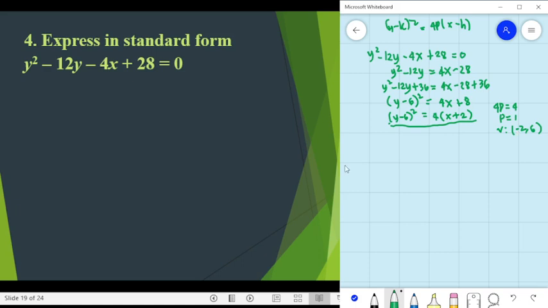Okay? And then, your focus now, so let's graph it so that it is easier to see. Where does this parabola open? Notice that it opens to the right, because y is squared and your 4p is positive. So p opens right.